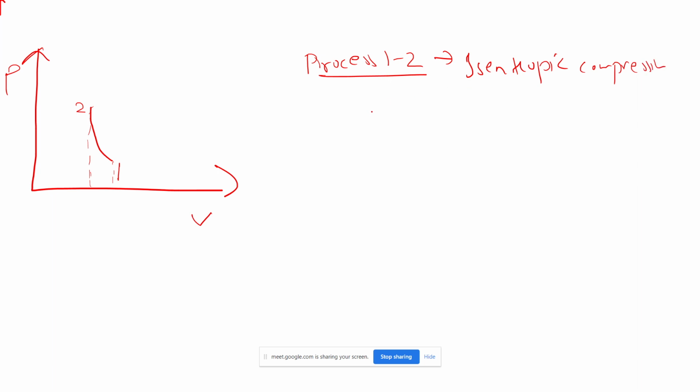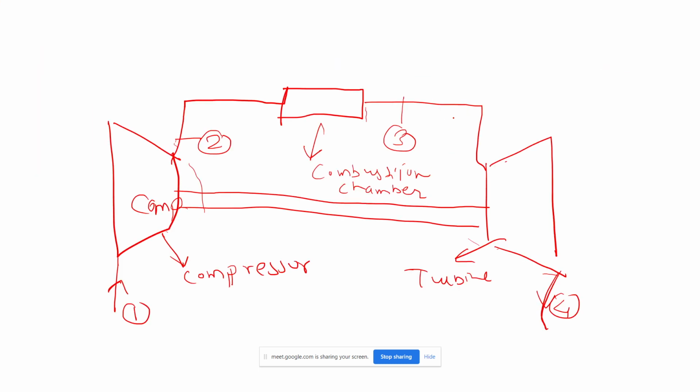Now from process 2 to 3, what will happen here? Because here we are heating inside the combustion chamber, supplying heat to this compressed air. Because of the heat addition, what will happen?